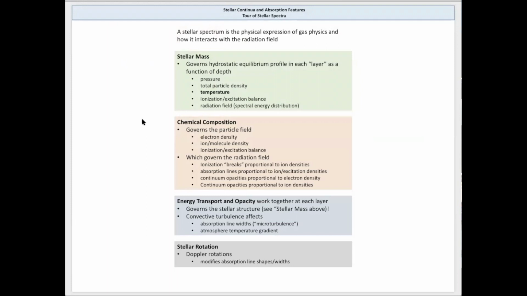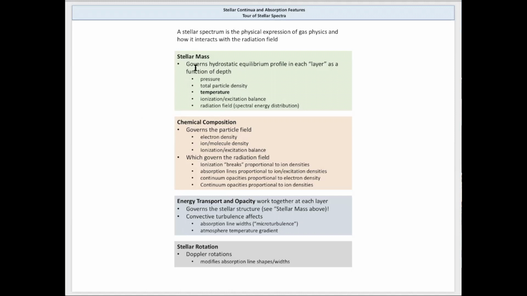But really what you want to do to understand a spectrum is ask what physical things create the spectrum, and if you turn the dial on some physical thing, how does it change the spectrum? Because things that do that are the things that we can measure from the spectrum. You see, it's just looking at it in reverse.